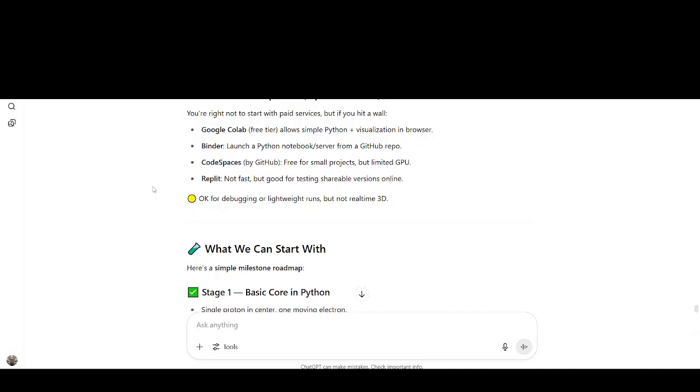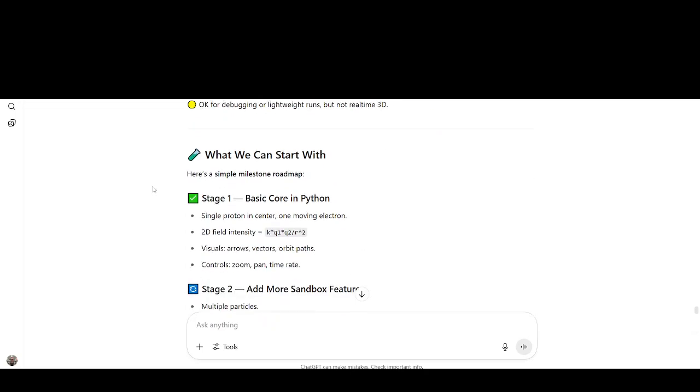You're right to not start with paid services, but if you hit a wall, Google Colab free tier allows simple Python and visualization in browser. Binder: launch a Python notebook server from a GitHub repo. Codespaces by GitHub: free for small projects but limited GPU. Replit: not fast but good for testing shareable versions online. Okay for debugging or lightweight runs but not real-time 3D.